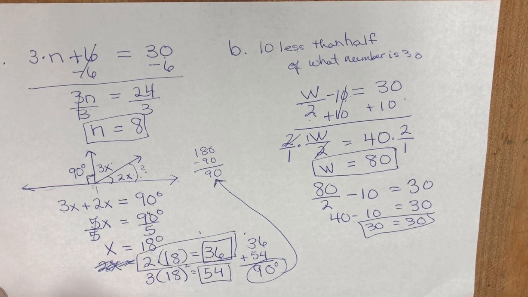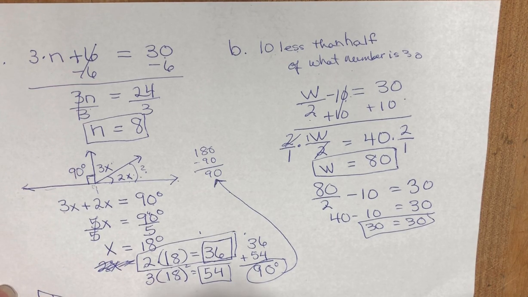All right, letter D. We have an angle like this. And here is x, and here is 2x, and here is 3x. Now, they want you to find the measure of each angle. Well, they didn't give us any measurements. So we have to rely on what we know about triangles.